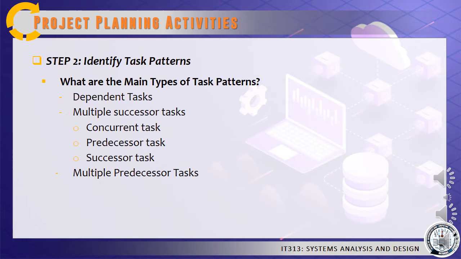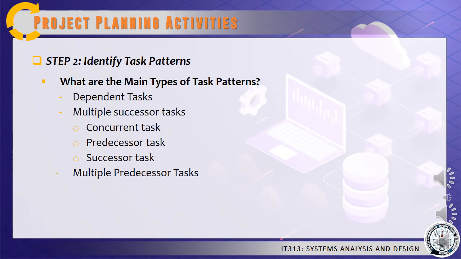Dependent task is when tasks must be completed one after another, just like a relay race. You need to wait for your team member to finish before you can start.